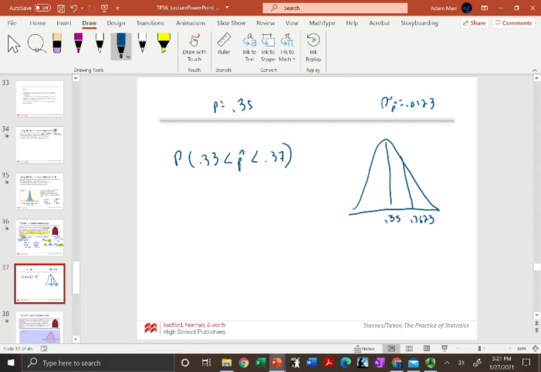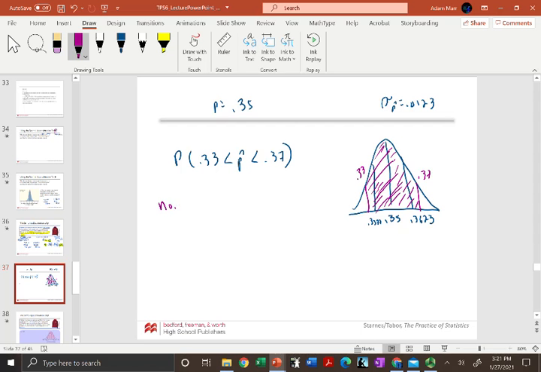And 0.35 minus 0.0123 gives me what? 0.3377? All right, there we go. So we're trying to find out from 0.33 to 0.37. So let's see here. 0.33 is about right here. 0.37 is about right there. Shade right in between there. There it is, right there.